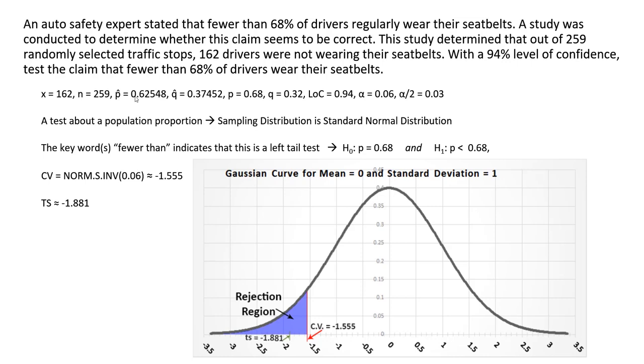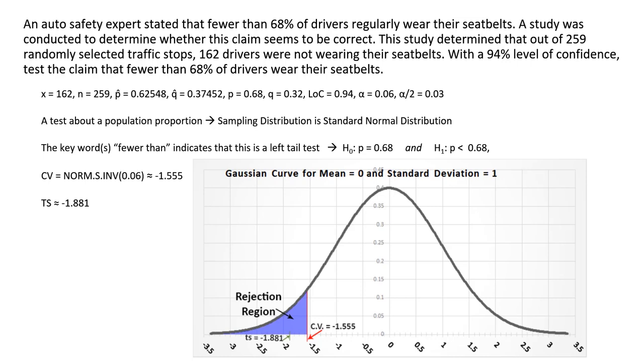So we have this point estimate of the population proportion, but we don't know whether it's statistically significant enough to say that fewer than 68%. And we are testing this at a level of 94%. So if it is statistically significant enough, we have this bar to reach of 94% level of confidence.